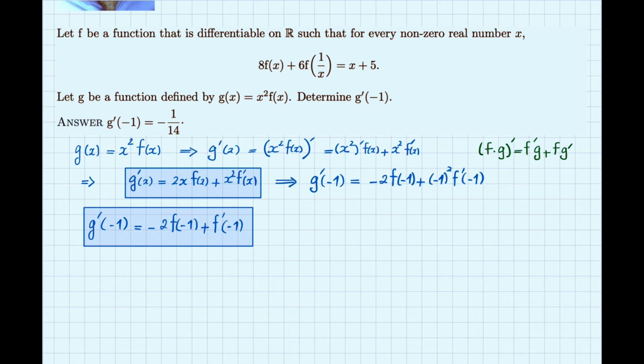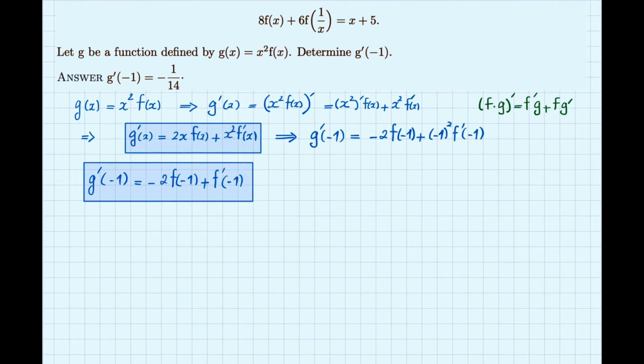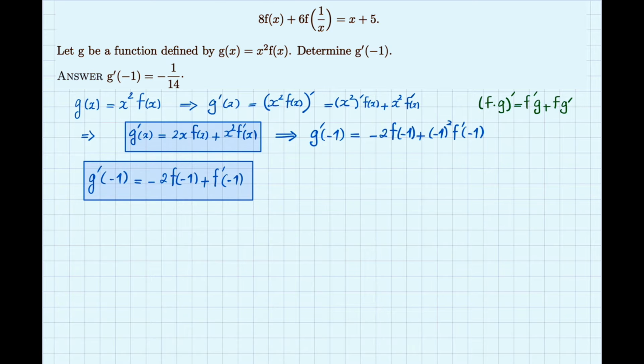Calculating f of minus 1 probably depends on this equation. How should I calculate f of minus 1 using this relation? The reason that we are interested in calculating f of minus 1 might motivate us to replace x with minus 1. Am I allowed to replace x with minus 1?